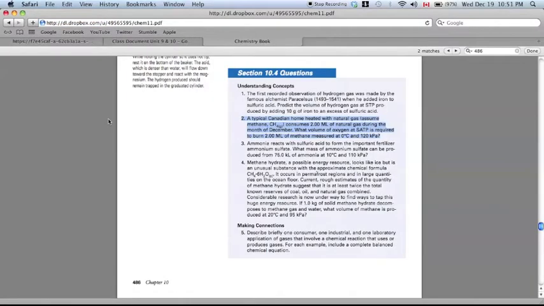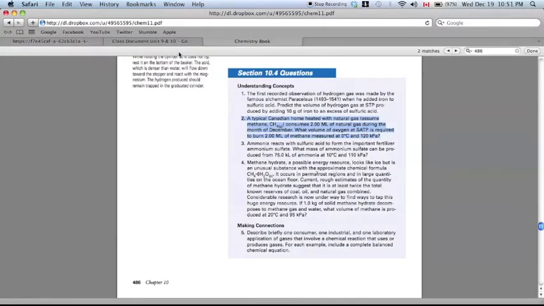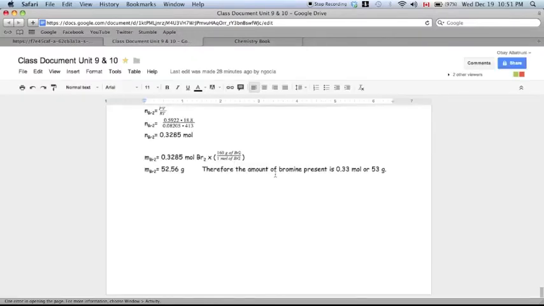After I open up the online textbook, I check what questions I have to do, and here it says to do these pages. The question that I decided to post was number 2. I'm gonna copy and paste it onto the Google Documents.